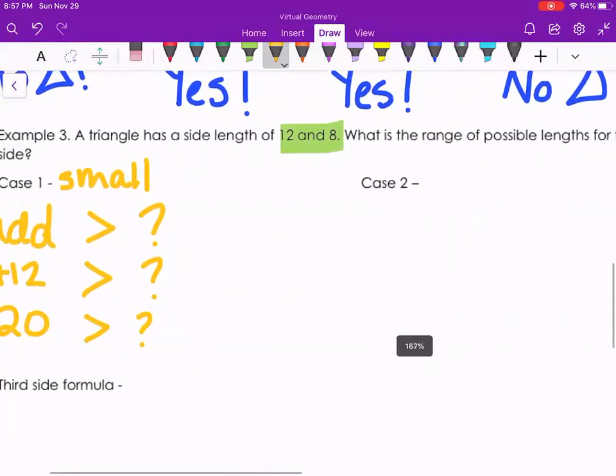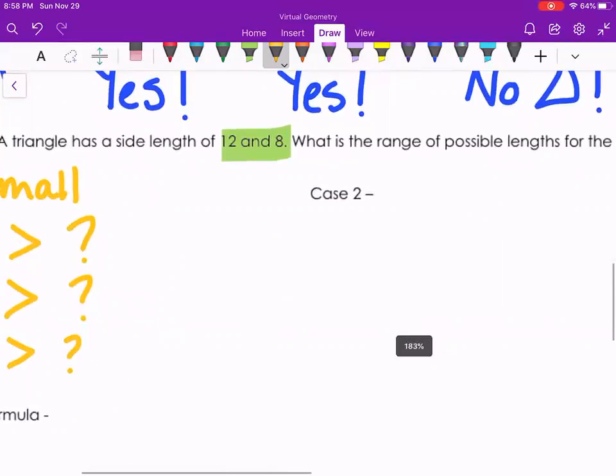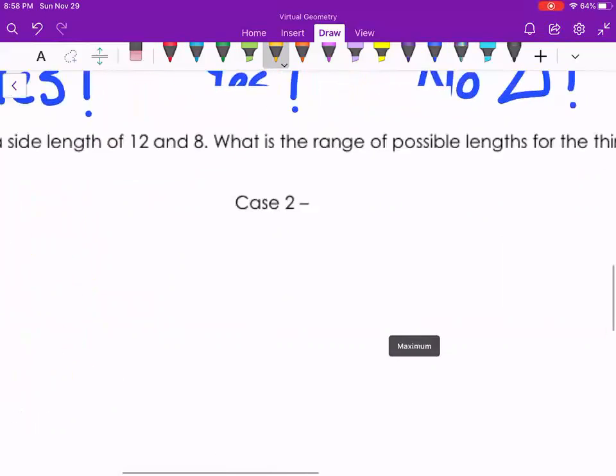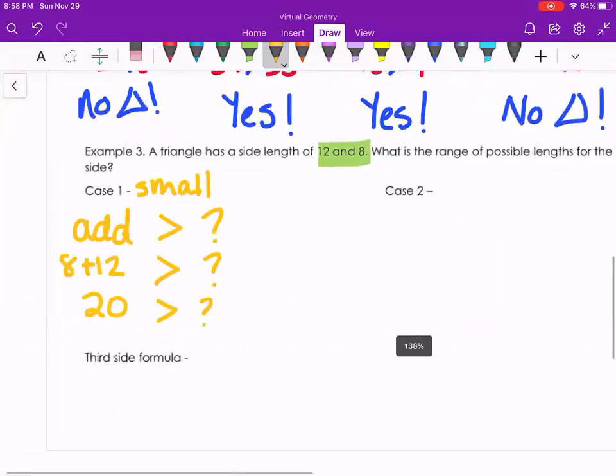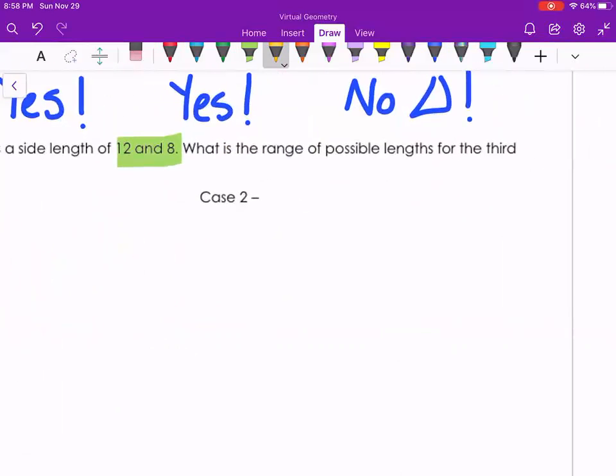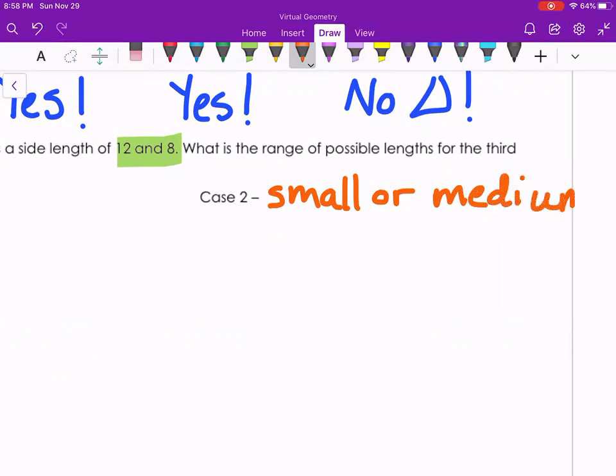What if they give you the small, or they give you the large and one of the others? So it's a little different. We can't just add them up this time. This time we can subtract them. Let's say they give you a small or the medium with the largest.